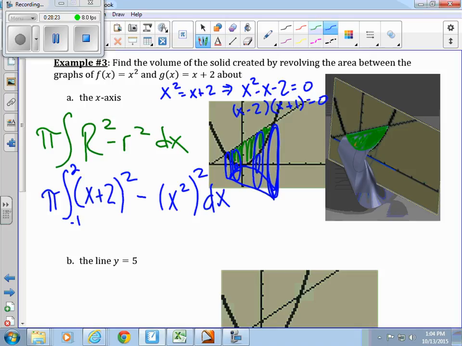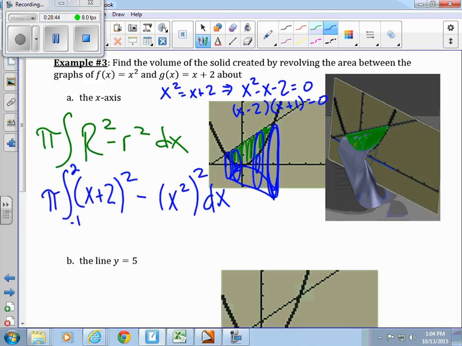So this radius here is all these circles. You see these big circles I've drawn? I want the radius of all of those big circles. Okay. Any questions about that?